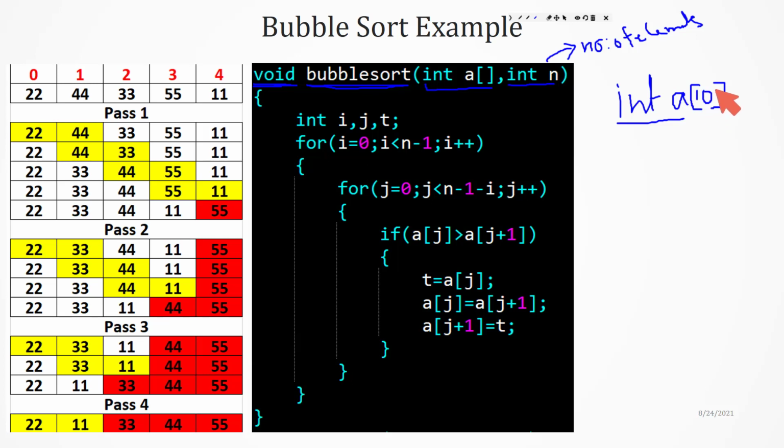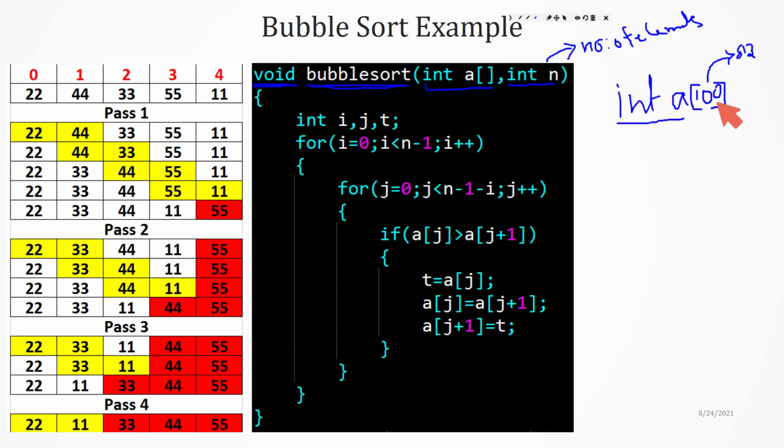Always remember this 100 is the size of the array. So size of array and number of elements are different. If I declare A of 100, there will be 100 cells. When I am applying some sorting algorithm, I will only have some 10 elements.